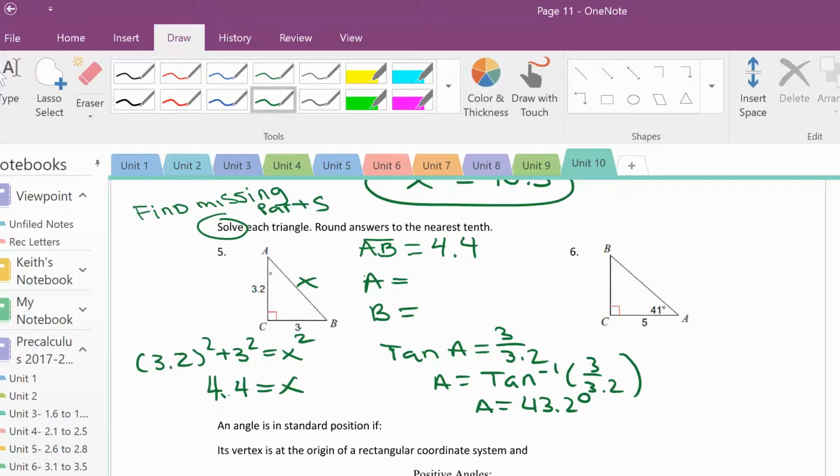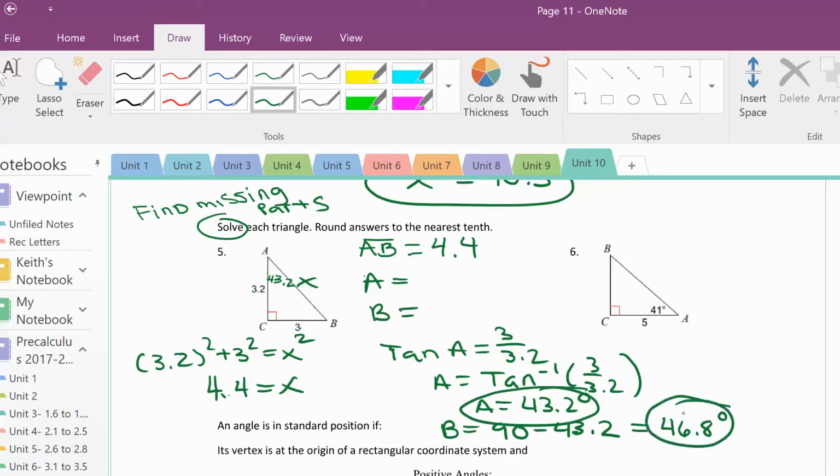And then to find B, you can go 90 minus 43.2 because these two have to add up to 90 since that's a right angle. And you get 46.8. So there you solved the triangle. You got that A is 43.2 degrees and B is 46.8 degrees.